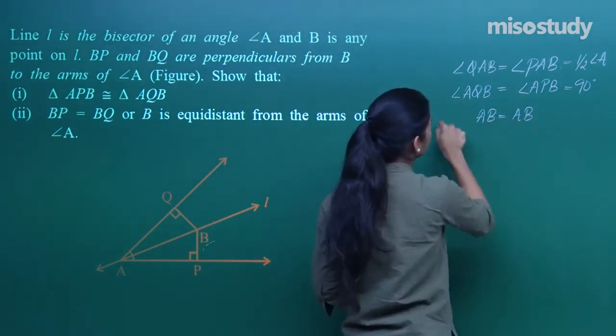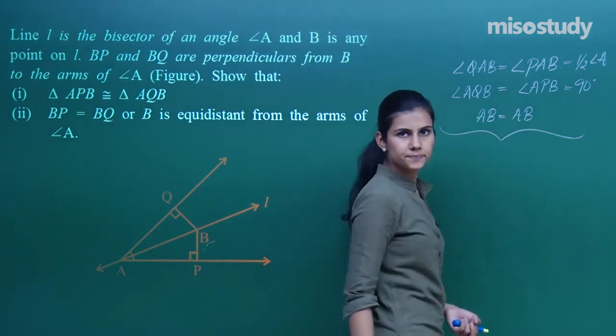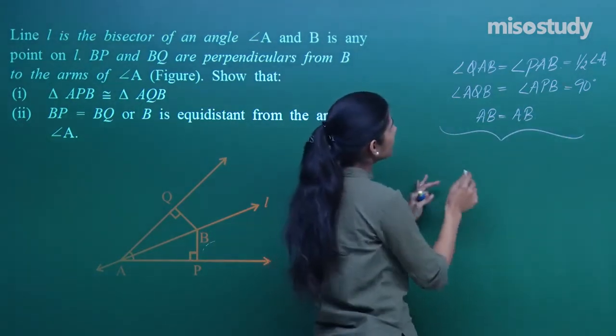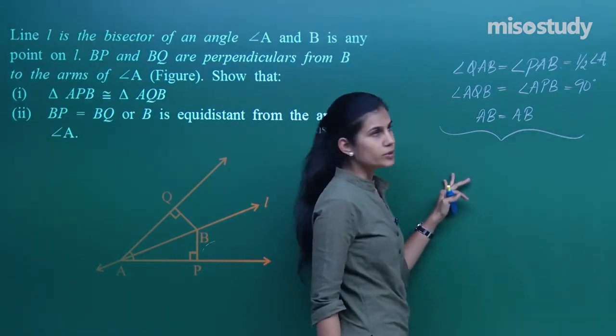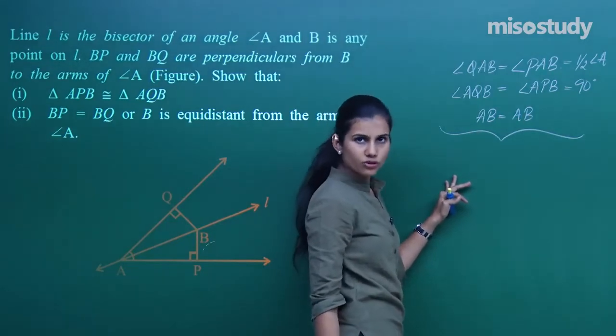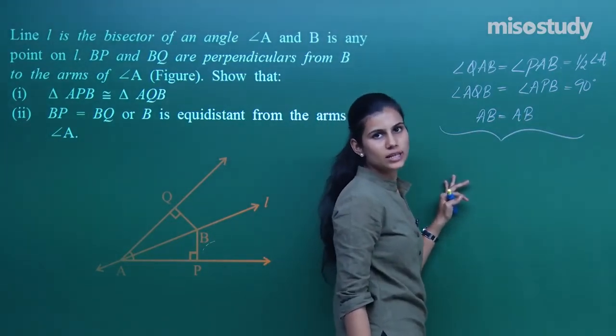So what can I say from these equalities? I can say that by AAS congruence rule, two angles same, one side same. By AAS congruence rule, I am having that the two triangles are congruent.